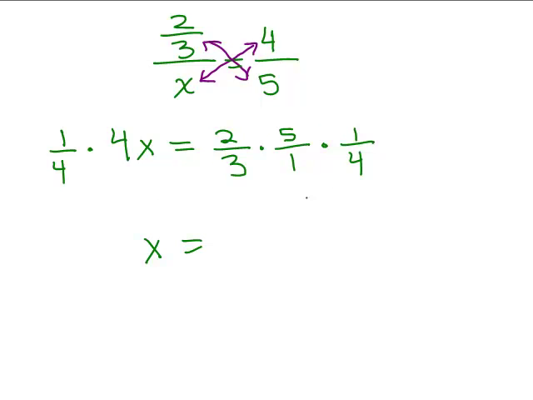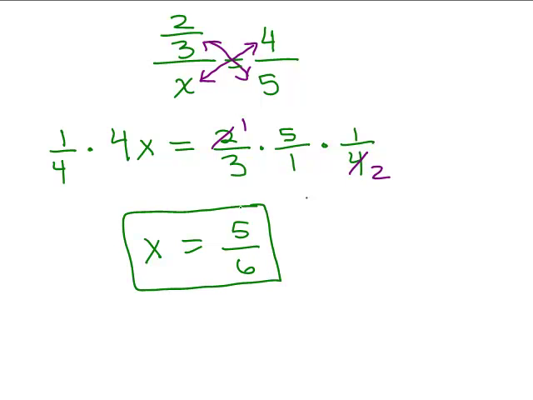So let's see if anything cancels. The 2 and the 4 cancel, and I think that's it. So we're going to have for our answer 5/3. I'm sorry, 5/6. I remember the 3 times the 2, 5/6. So my answer is 5/6.